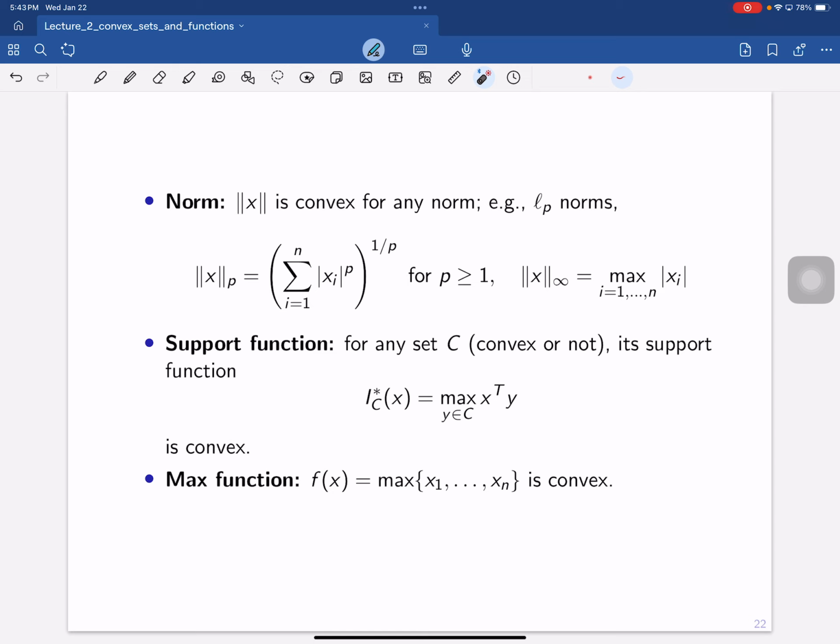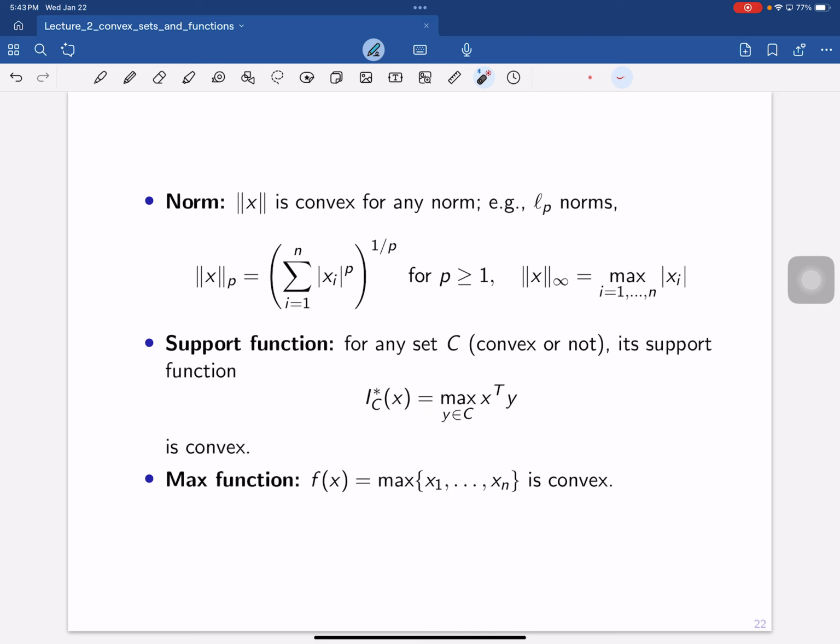First of all, I asked you this question in the last lecture. What does x transpose y mean? Someone answered the question very well in the previous lecture. Yeah, that's a projection, right? So x transpose y means you are projecting y in the direction of x, and then you calculate x transpose y. So here you are taking the maximum over y in terms of this projection.